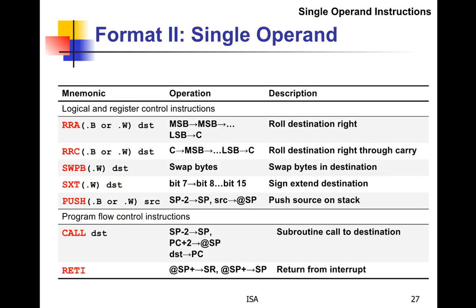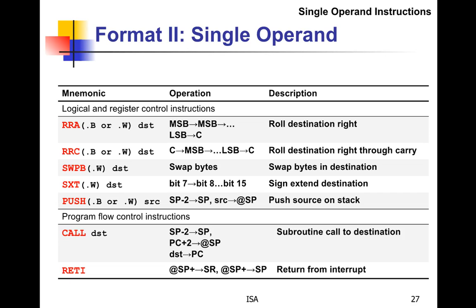Now let's look at format 2 single operand instructions. So there's some logical and register control instructions to begin with. RRA, which is roll register right, basically moves the bits to the right.